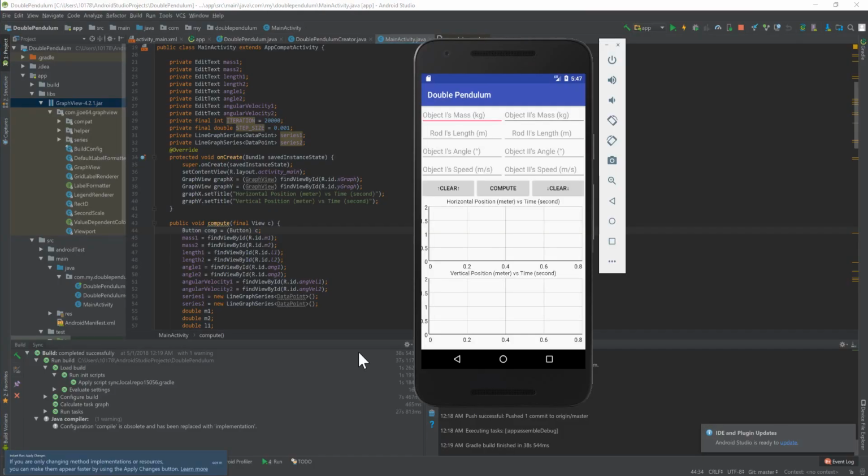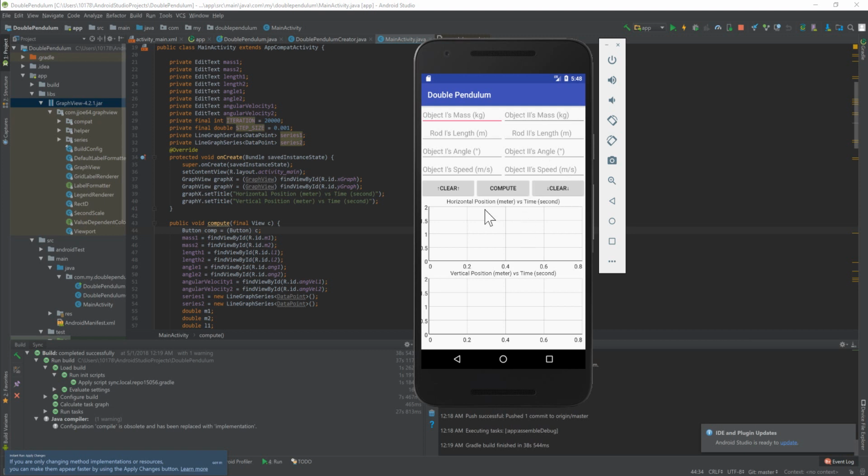Okay, so this app, as you can see, receives a total of 8 different inputs from the user, which are the mass of two objects, the length of two rods, and their initial angles and speed. They also have default values if you don't enter a value, and there are several other built-in variables, which are the gravitational acceleration and the time interval of our simulation.